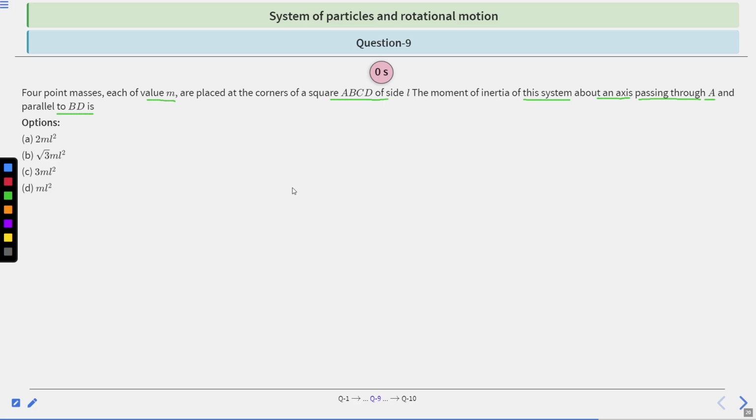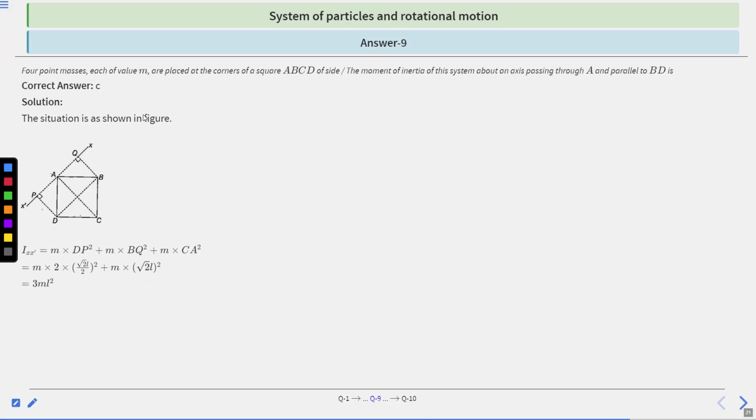Let's find the solution. According to the question, the situation is shown in the figure. The corners are A, B, C, D, and each side has length L. So the moment of inertia I is equal to m times dp square plus m times bq square plus m times ca square.